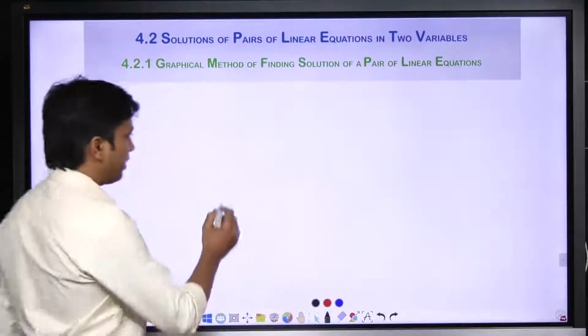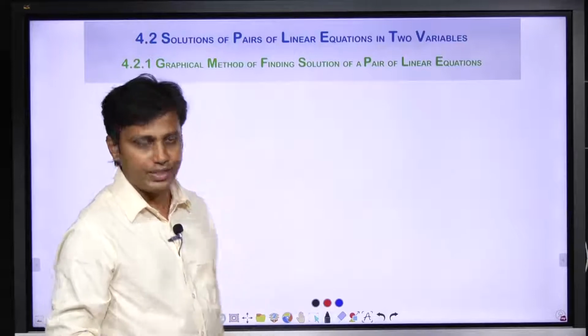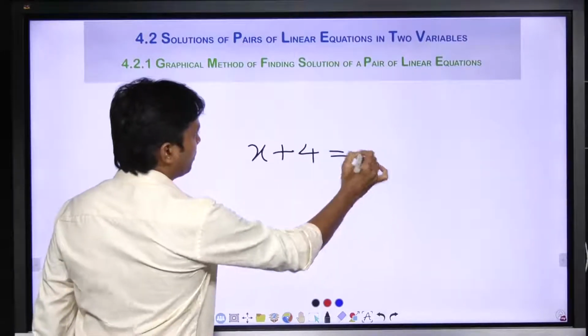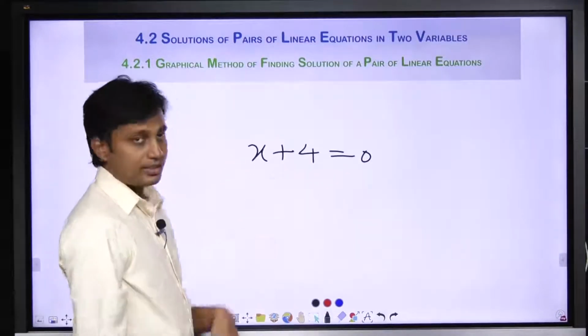For example, I will take an example of a one-variable equation first: x plus 4 equal to 0. Now tell me how many solutions exist for this equation.